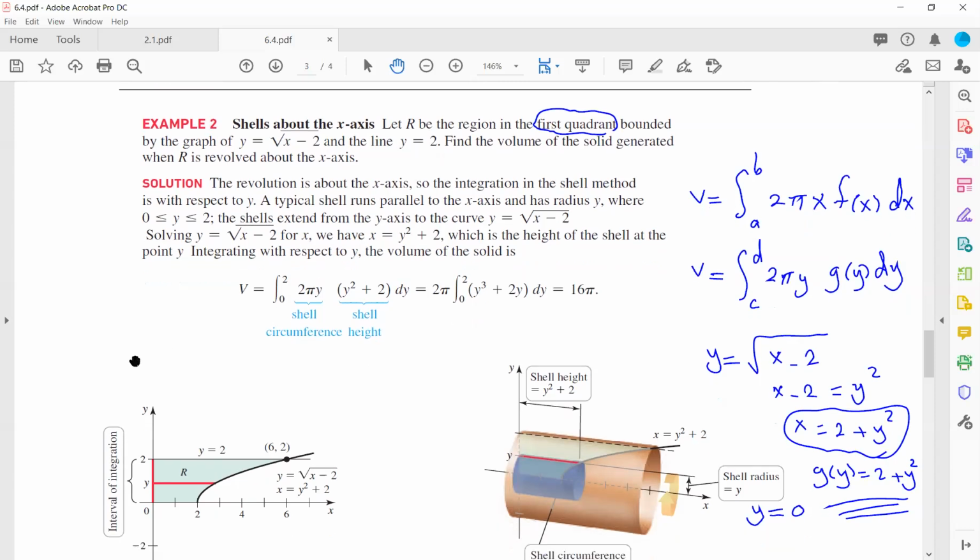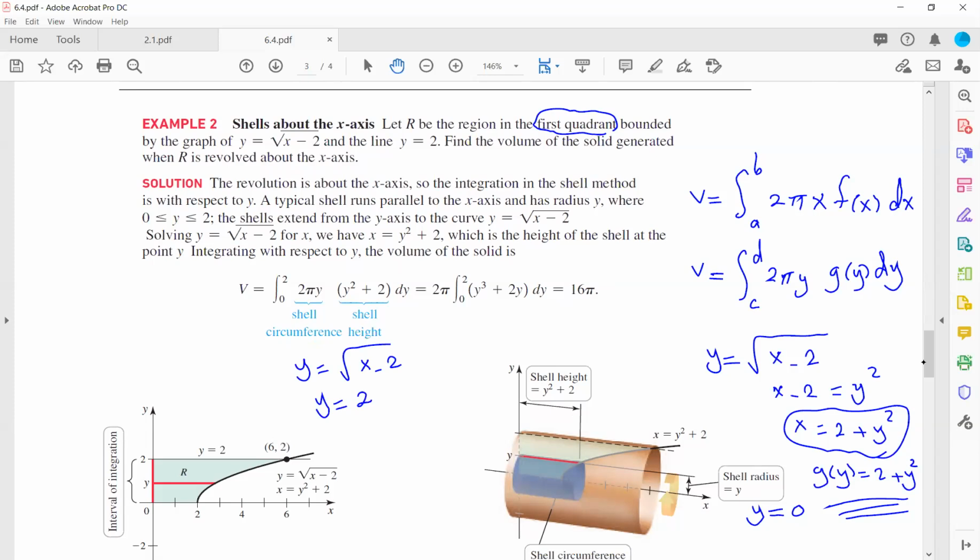Take a look at your region. Your x ranges between 0 to 6. If you set y equals the square root of x minus 2 equal to y equals 2, you can actually find your x, and when you write x minus 2 equals y squared, x equals y squared plus 2, you can find the rest of the boundaries.